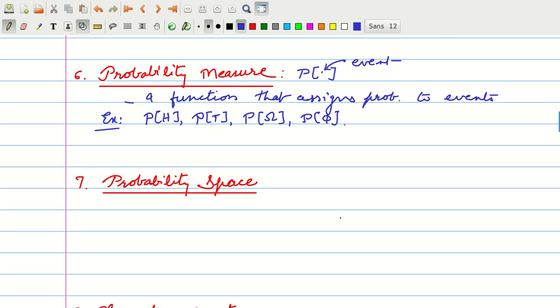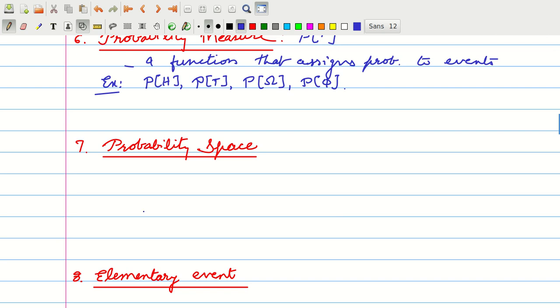Having defined the notions of a sample space, the sigma field, and the probability measure for a random experiment H, we have the notion of a probability space.